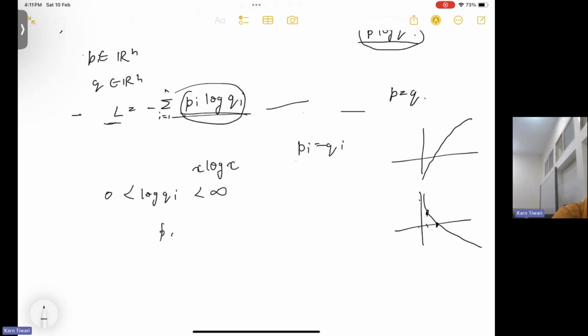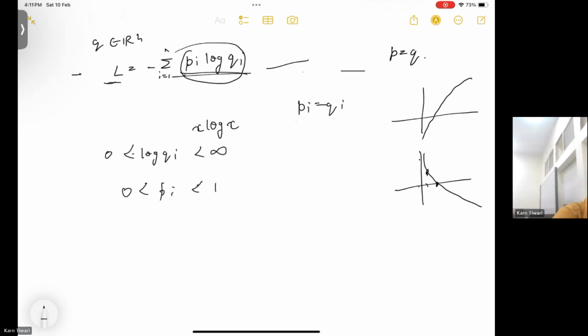And Pi, we know, is between 0 and 1. The thing is that we want to take the derivative of this term with respect to each individual variable, with respect to Pi and with respect to Qi.